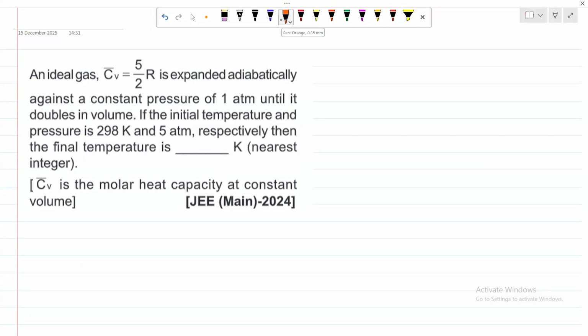So here, what have we been given? First, let's understand this question. Here, they have given us an ideal gas. There is a container, and in the container there is an ideal gas whose CV is given as 5 by 2 R. And it undergoes expansion.